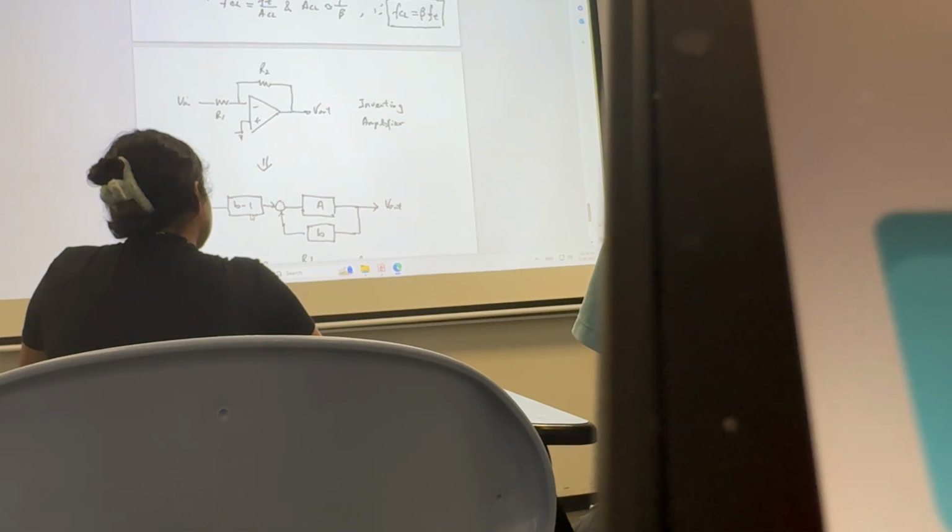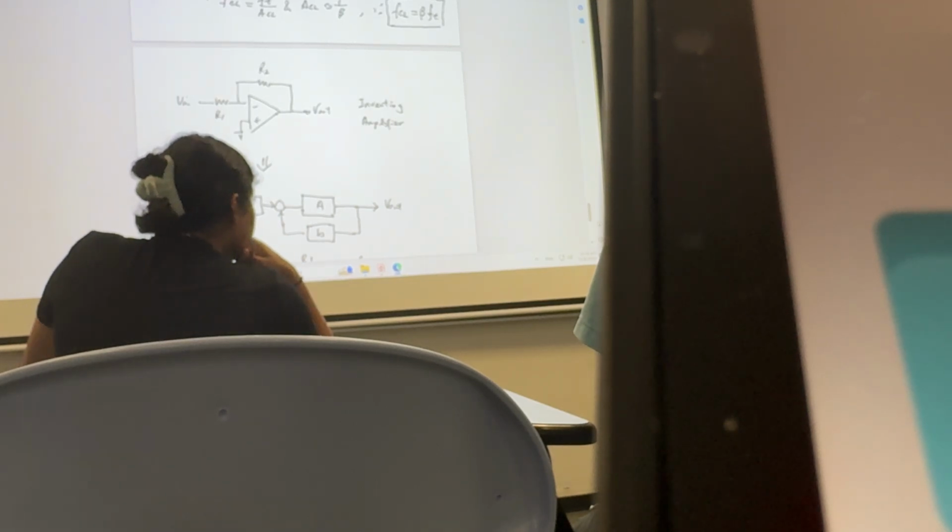Now remember that this is R1, this is R2, so V epsilon will be equal to V in times R1 over R1 plus R2, right? Now you have this V epsilon 1.